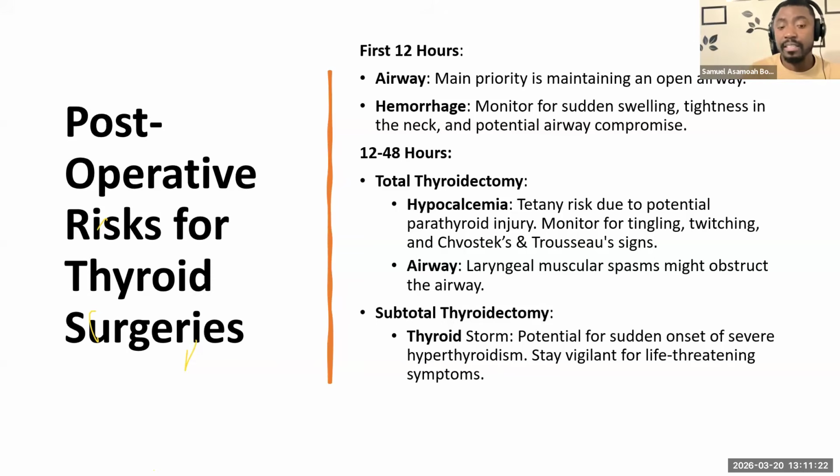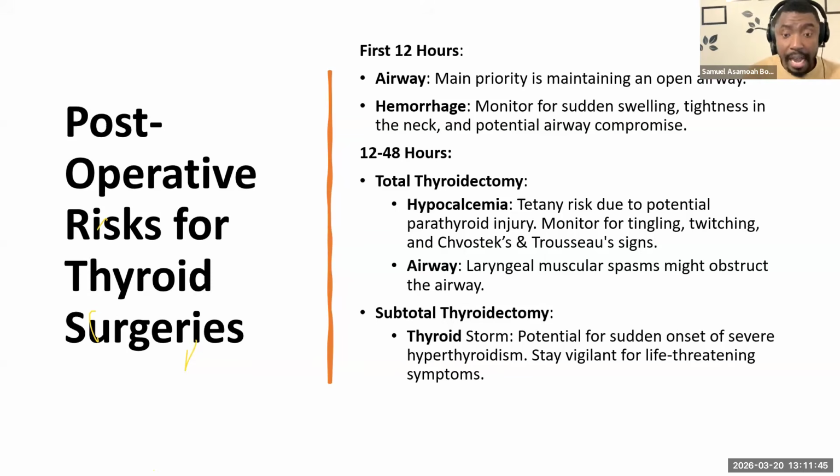Normally, in science, or in medicine, we give a range. So let's say after 24 hours, if you don't want to say 24 hours as an absolute number and you want to give a range, we say between 12 and 48 hours, right? After that, we will know whether the patient went for a total thyroidectomy or a subtotal.